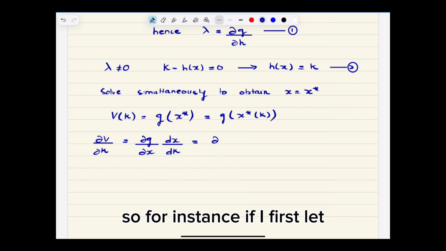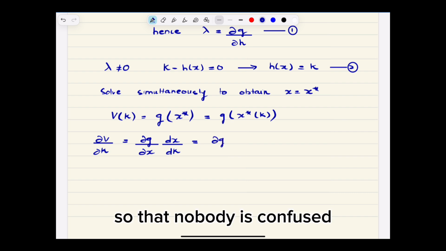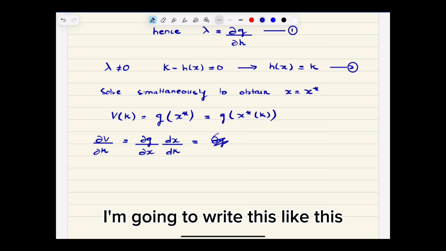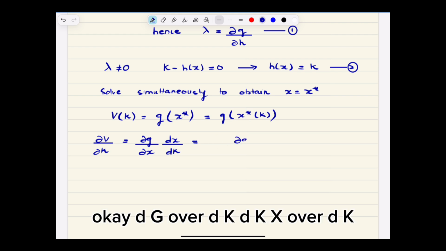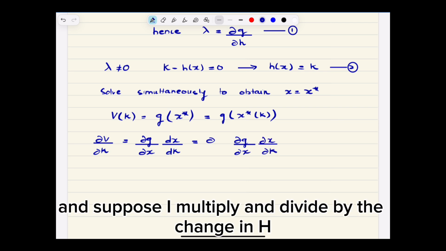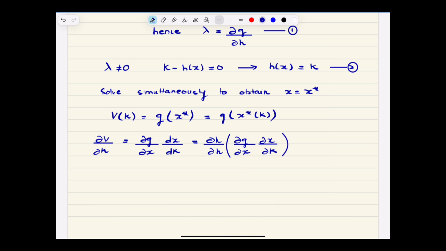So that nobody is confused, I'm going to write this as dg over dx, dx over dk, and suppose I multiply and divide by the change in h.